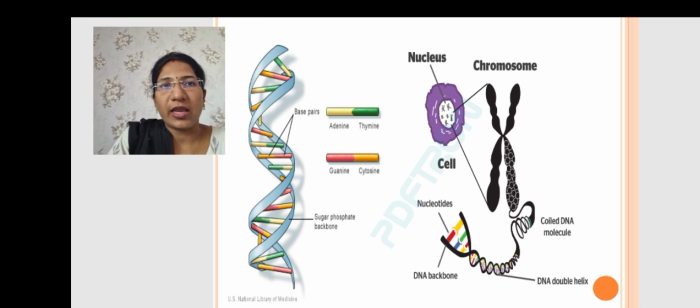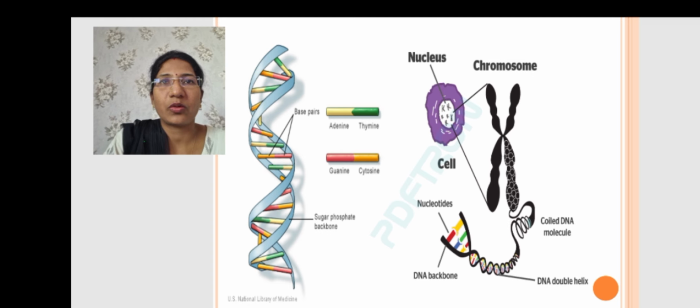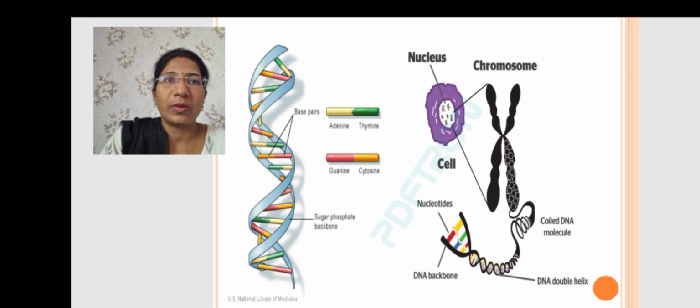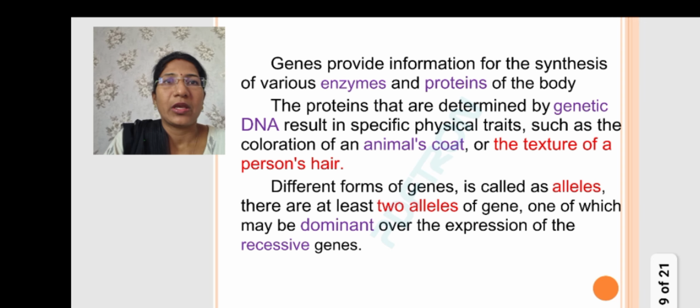Okay, then again there are different colors shown for the bases of DNA. So red color shows guanine, yellow color cytosine, green color thymine, and white color is adenine. So this is the diagrammatic representation of the four bases in the DNA.